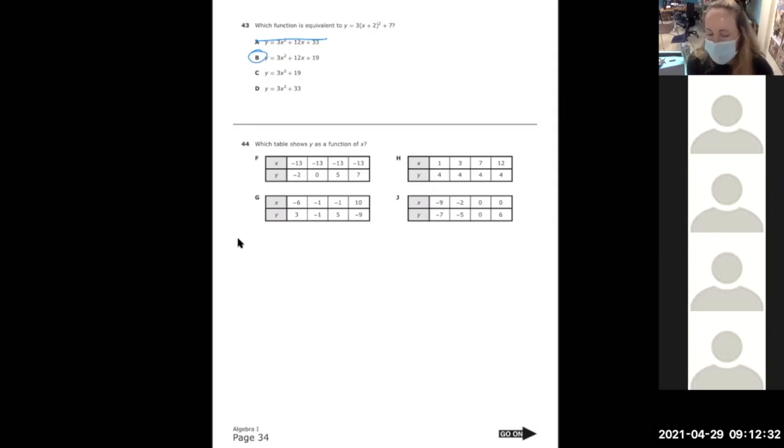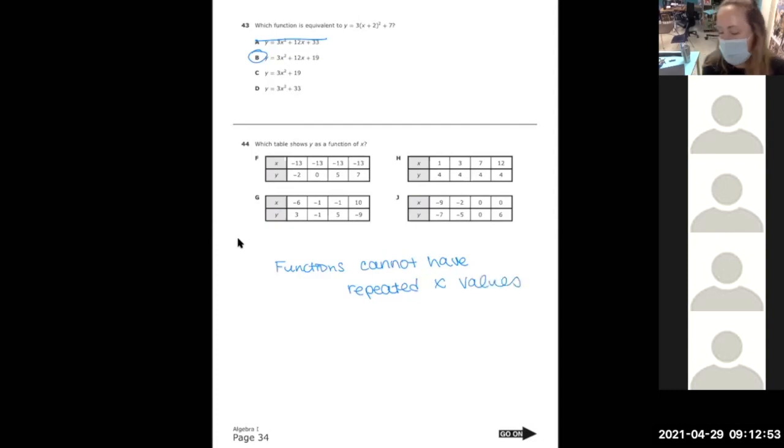Okay, so 44 is requiring you to remember the rule with functions. Functions cannot have repeated x values. So no repeated x values.